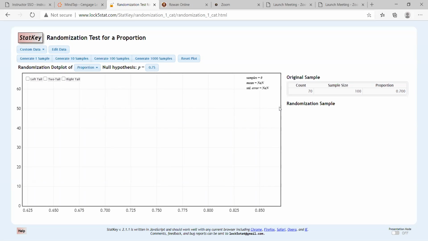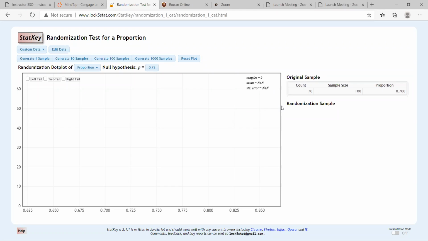And suppose our alternative hypothesis is that the hypothesized proportion is incorrect. In other words, we're not sure whether it's incorrect low or incorrect high, but we think it's incorrect, which means that our alternative hypothesis is that p is not equal to 0.75.